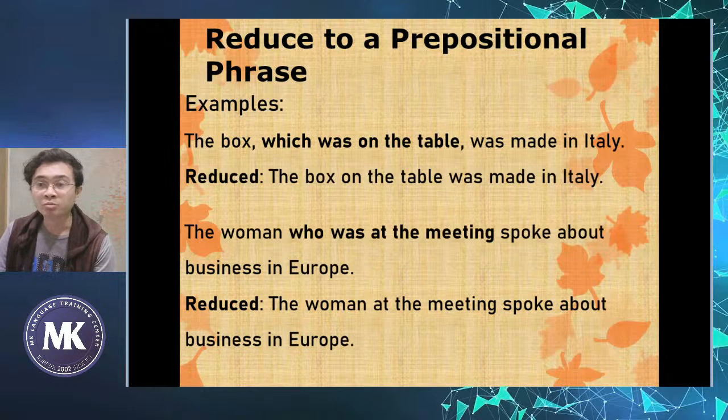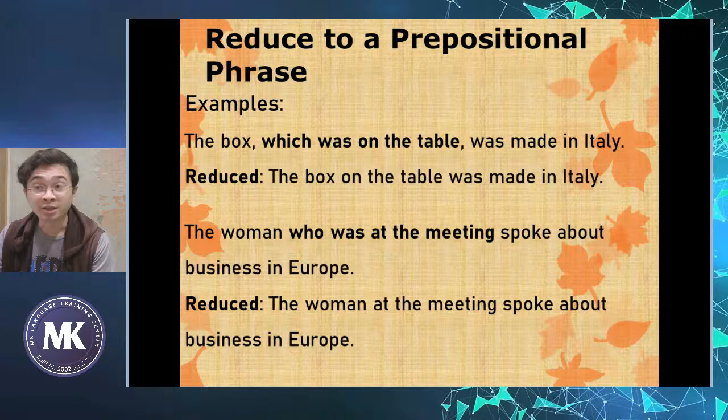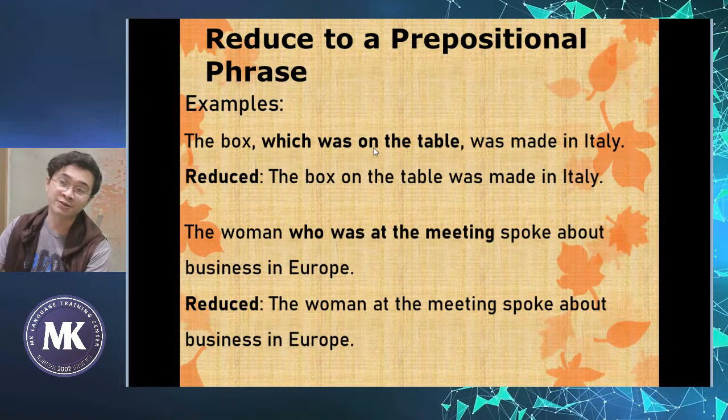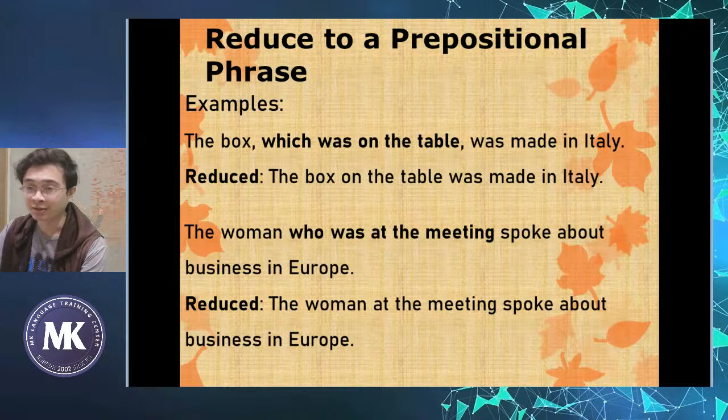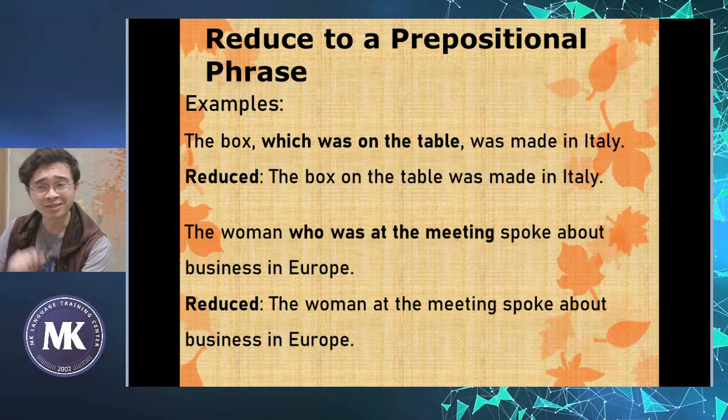So we need to remove "which" there. Also we need to remove "was" in our sentence. And then the words remaining are "on the table." So we need to place the remaining words after the noun that it modifies. So the reduced form is: the box on the table was made in Italy. So this one's kind of easy, right?